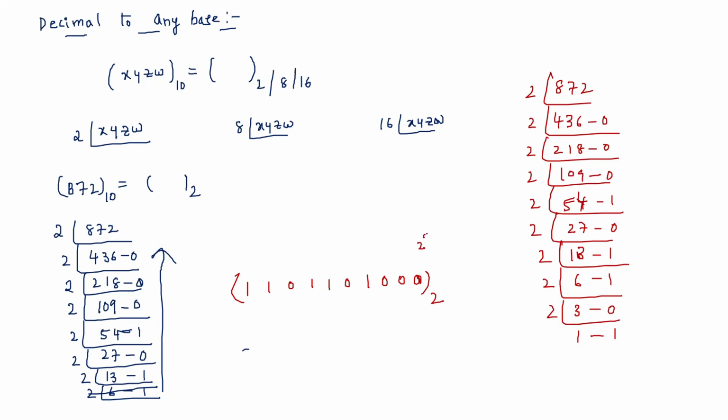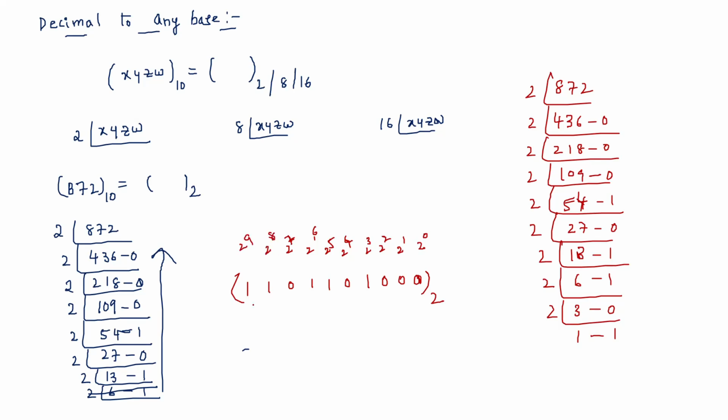Then this is 2 power 0, 2 power 1, 2 power 2, 2 power 3, 2 power 4, 2 power 5, 2 power 6, 2 power 7, 2 power 8, and 2 power 9.